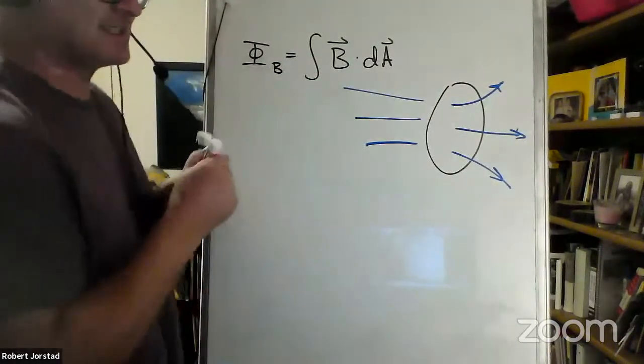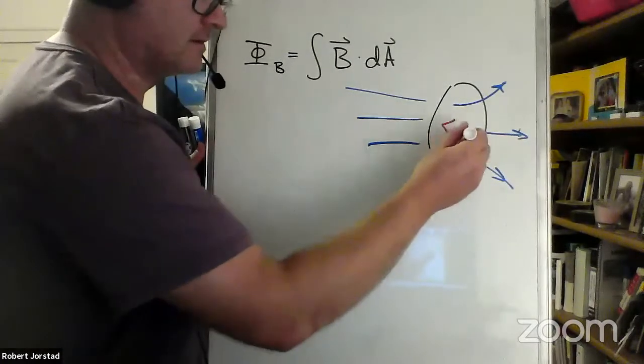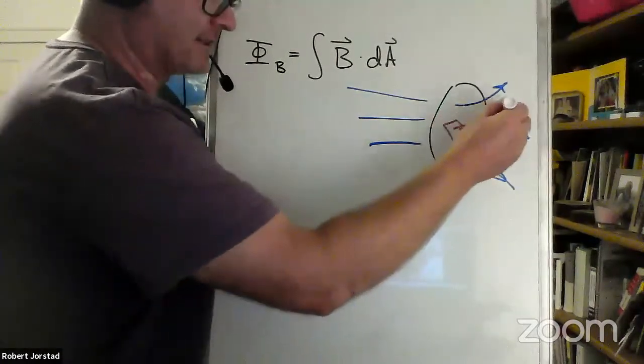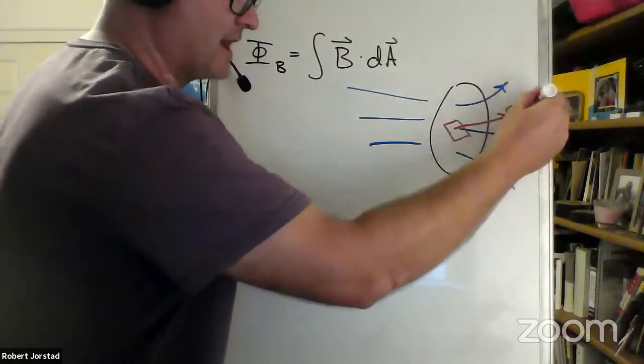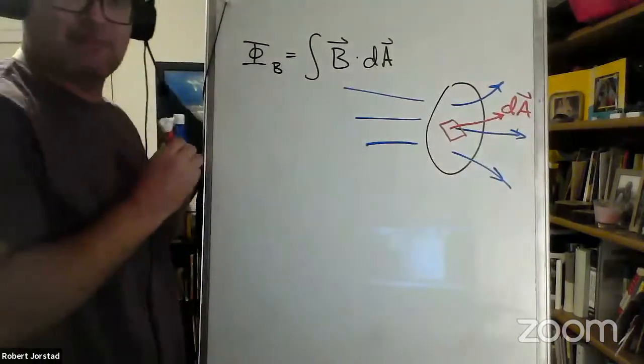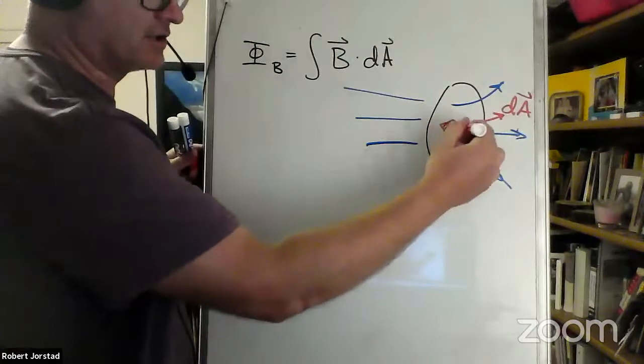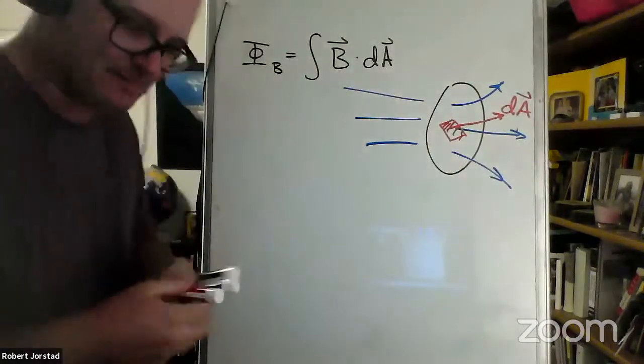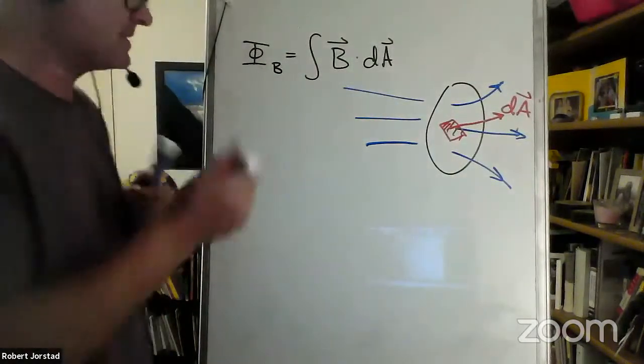You could slice this thing up into little chunks and get an area vector for a small amount of area. And you could do a dot product and integrate over all these little chunks and add up to get the magnetic flux.